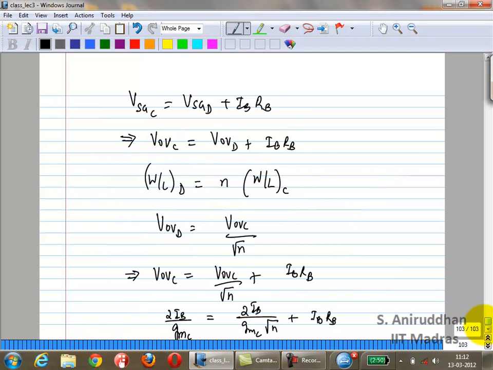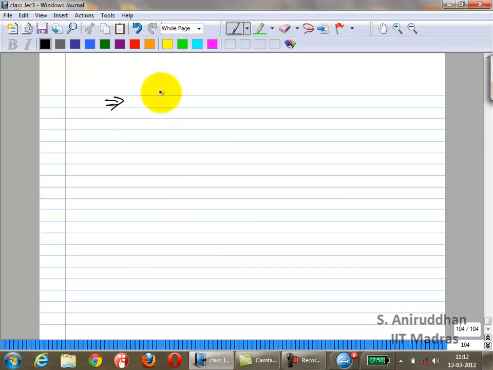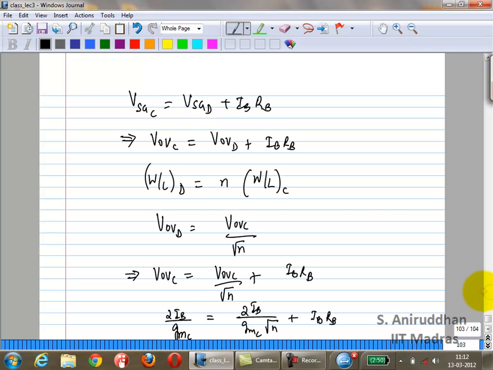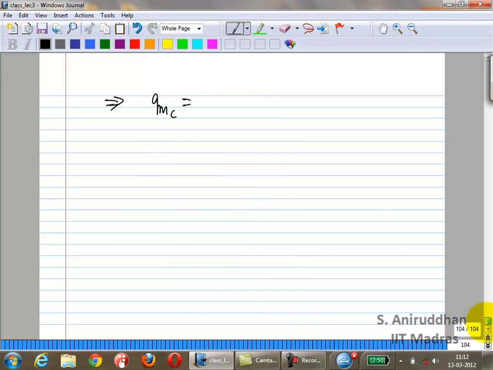Now, if IB is not 0, then we cancel out IB throughout. So you get a relationship between GMC, RB and root N. And now you know GMC in terms of the current IB, and you can solve for IB.